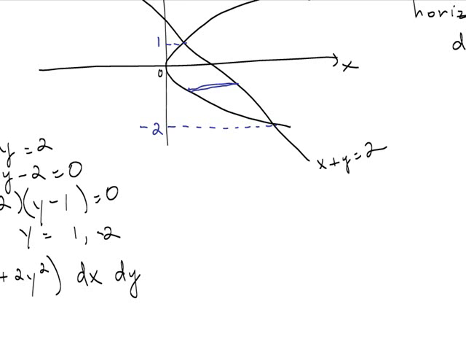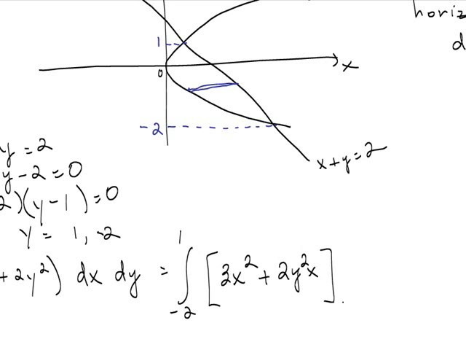So now we're ready to integrate. Leave the outer one. We are integrating with respect to x. So you have 3x squared plus 2y squared x, and x goes from y squared to 2 minus y dy.